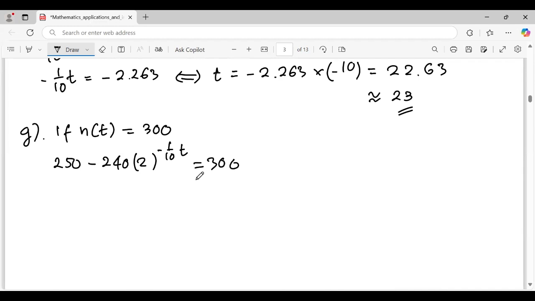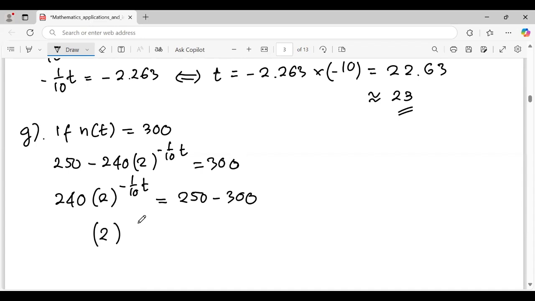According to our calculation, we can rearrange the equation to become 240 times 2 to the power of minus 110t equals 250 minus 300.